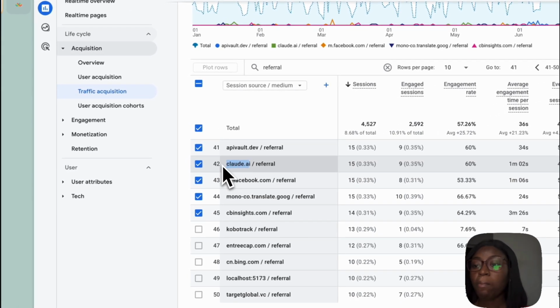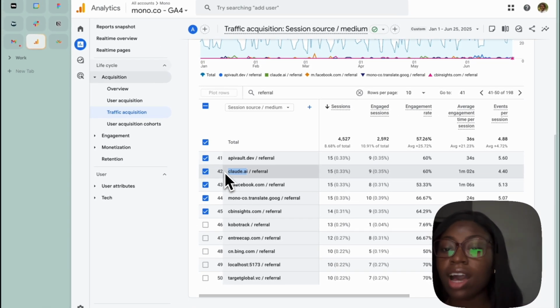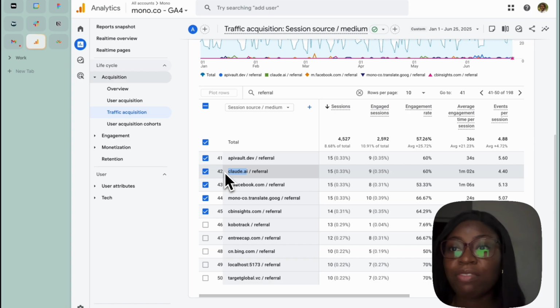So it means that more people are asking these generative AI tools about how to use Mono Direct Debit or about Mono in general, and they're getting answers. And we also have content online that these tools can pull from as their source when answering people's questions, which means that right now AI tools are a huge thing.